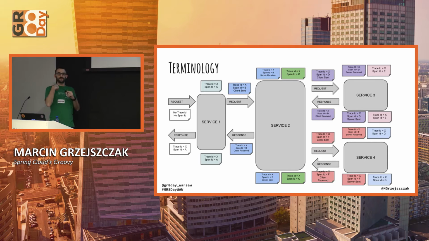So the whole hop from one service to another leads to 4 annotations. So client sent, server received, server sent, client received. And if service 2 called another service, we would have exactly the same bit. And we go back and return a response to the user, for example, the list of available books. So at the end, trace ID is still X and span ID is A, because it was the first one here.